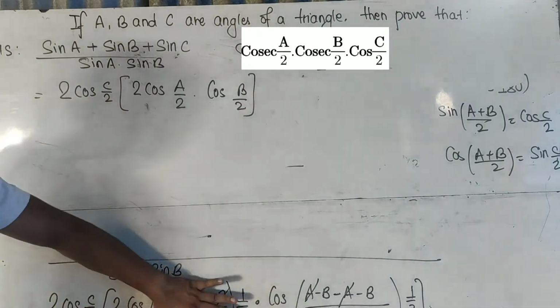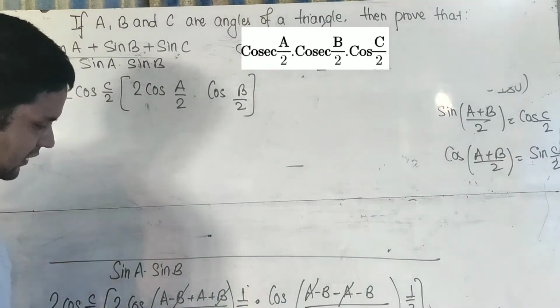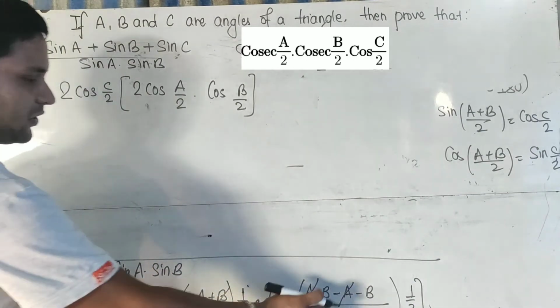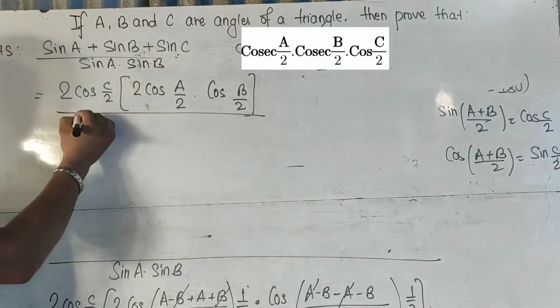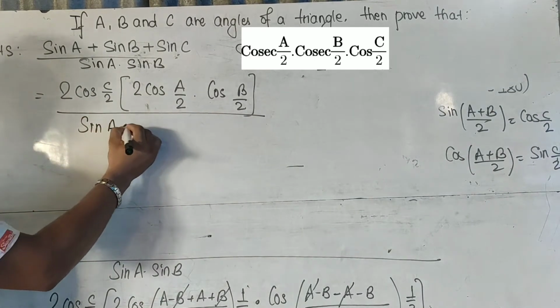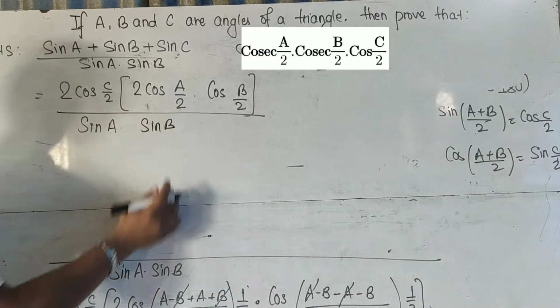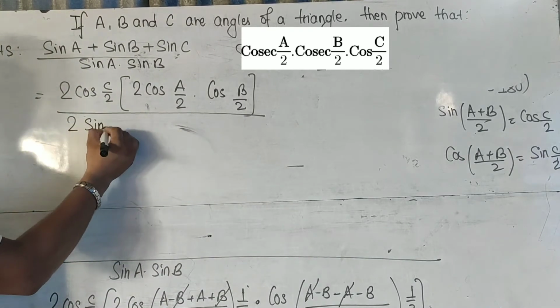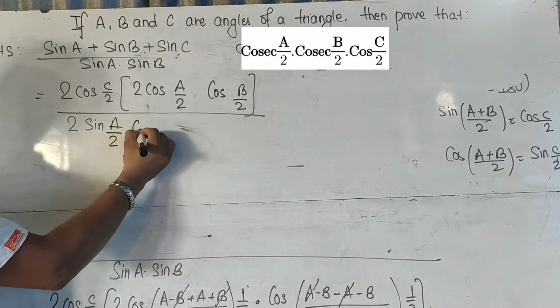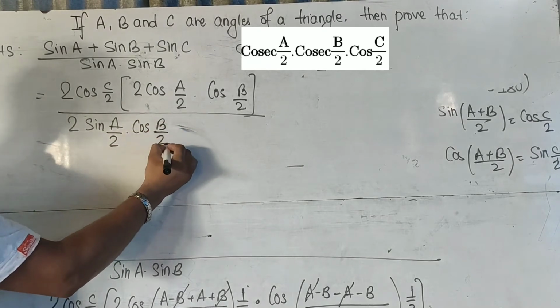Nothing complicated. Just solve this portion, solve this, and solve this as well. And now in the denominator you have sin A dot sin B. In place of sin A, you can write the formula of sin A as 2 sin(A/2) dot cos(A/2).